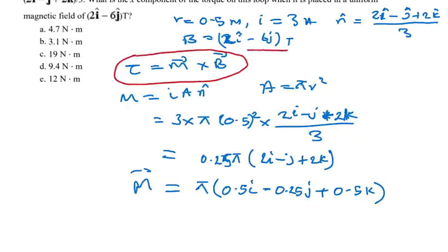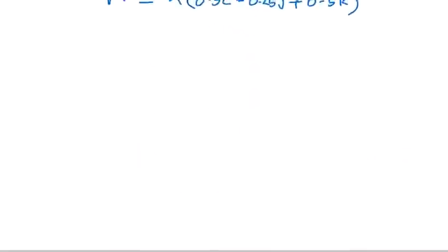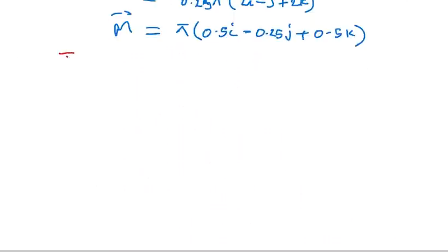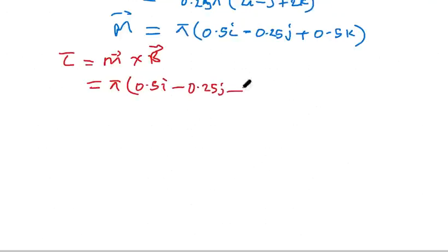So what we have now is the torque, which is M cross B, giving us pi times (0.5i minus 0.25j plus 0.5k) cross the magnetic field, which is 2i minus 6j. We have this to be equal to tau.